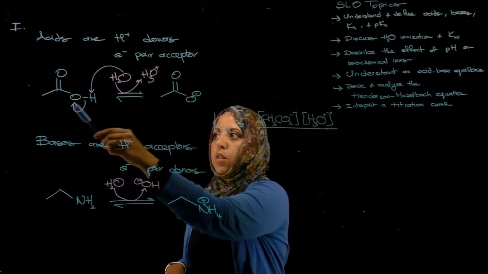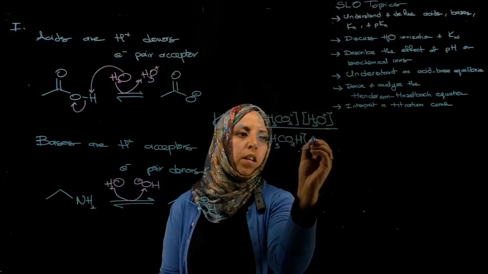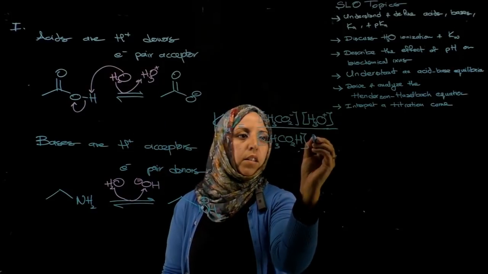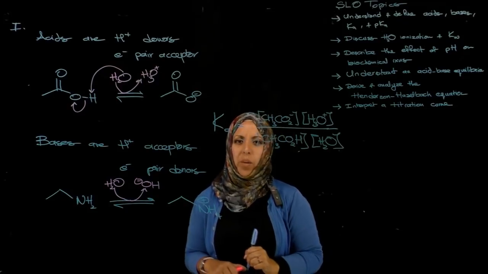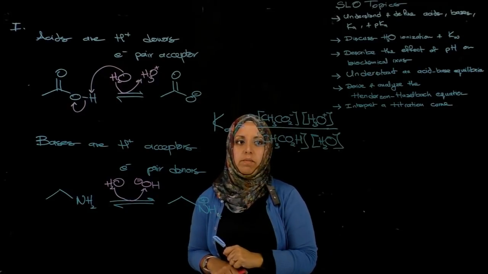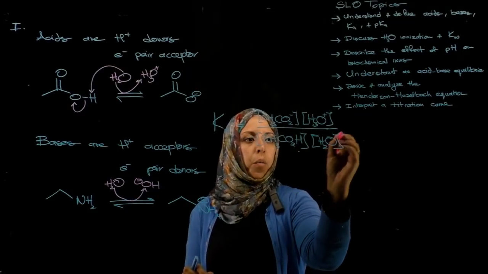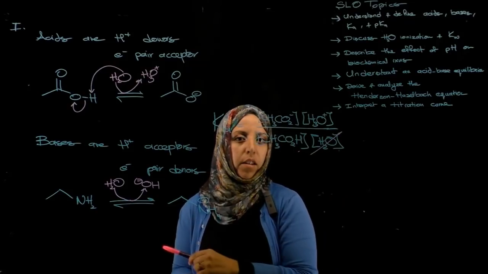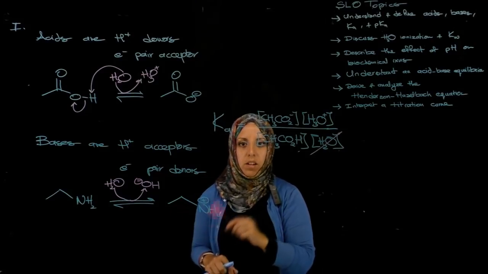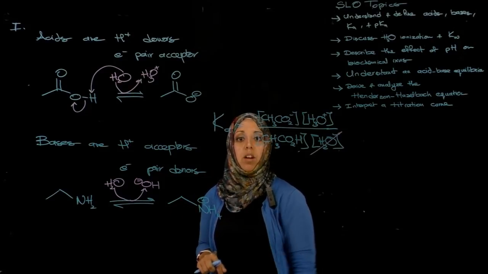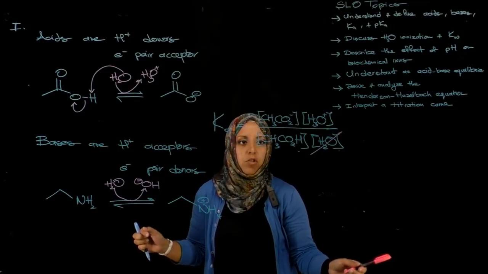And in the reactants, we have the acetic acid, and we have water. Well, wait a minute. What's wrong with this equation? Exactly. Water. We ignore water because the concentration of water is kept constant. So in a dissociation constant, we do ignore pure solids and liquids because the concentration is constant.